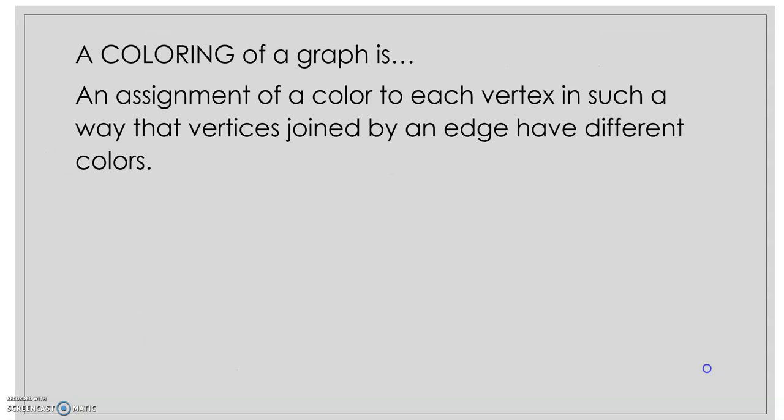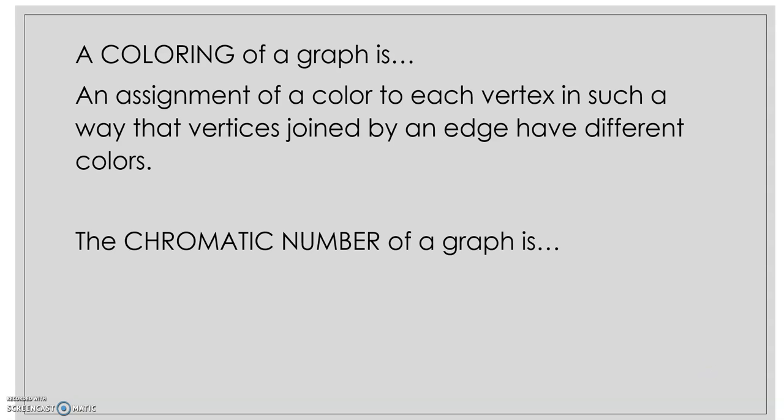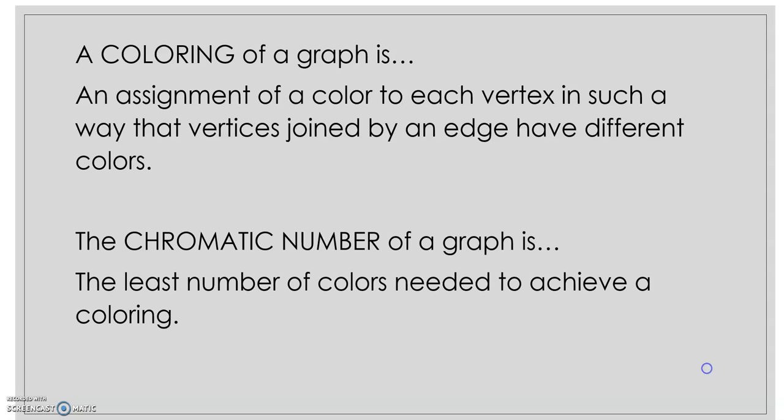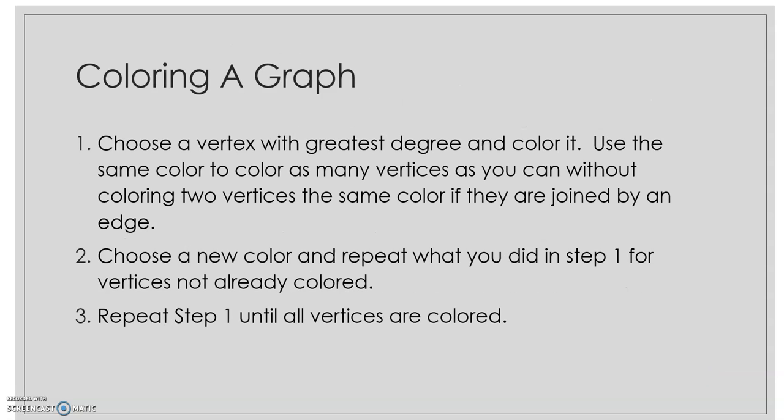A coloring of a graph is an assignment of a color to each vertex in such a way that vertices joined by an edge have different colors. The chromatic number of a graph is the least number of colors needed to achieve a coloring. Coloring a graph: you're going to need colored pencils or crayons.